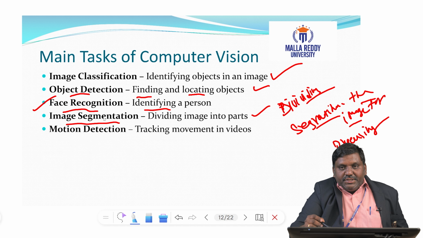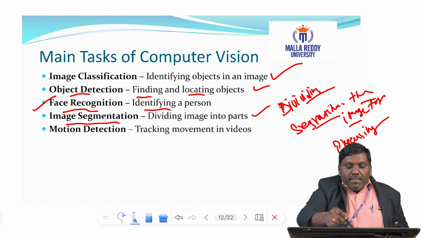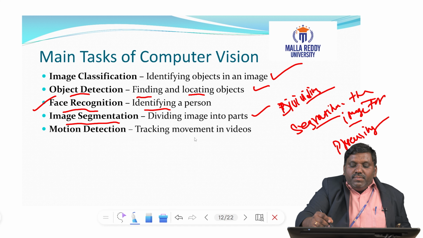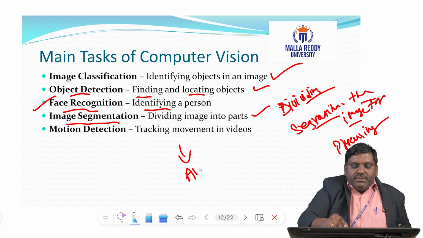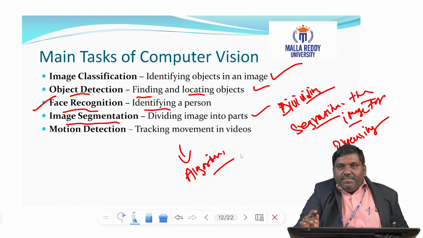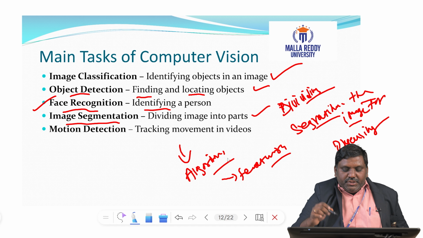Then motion detection. To detect motion, we use some algorithms. With the help of the algorithms, once the object is located, we analyze whether it is moving or not with the help of the features.